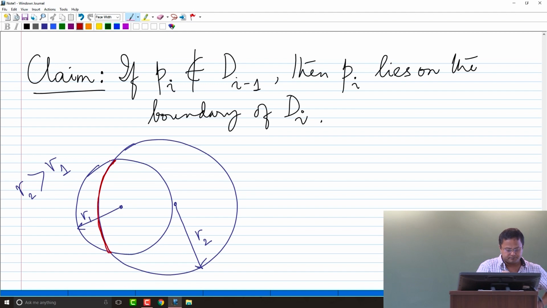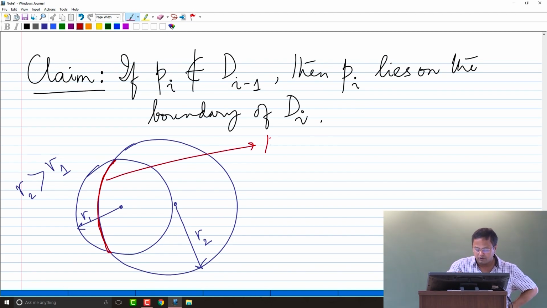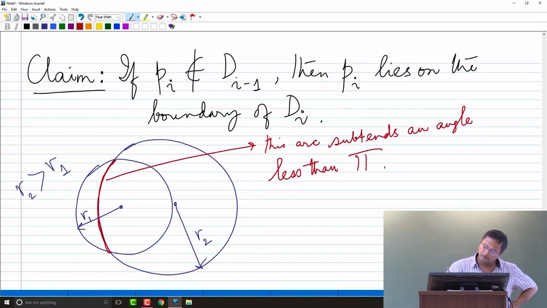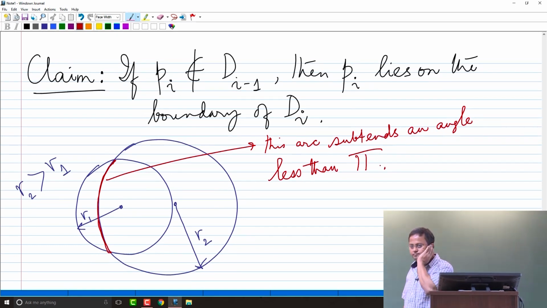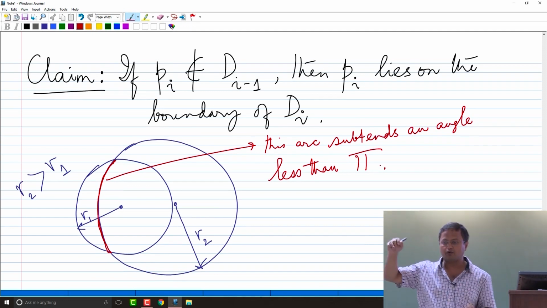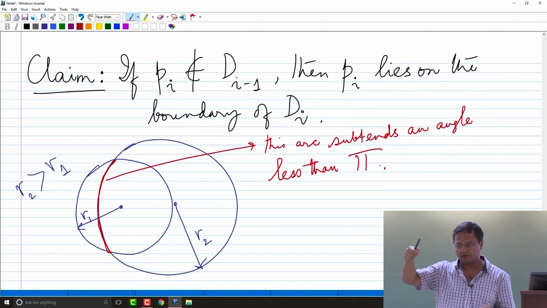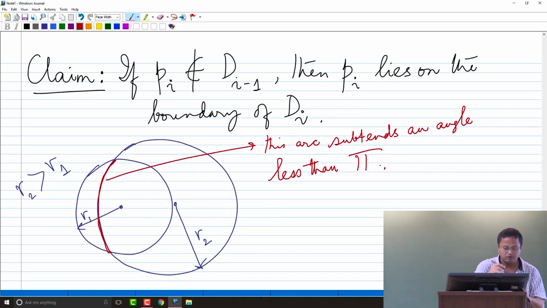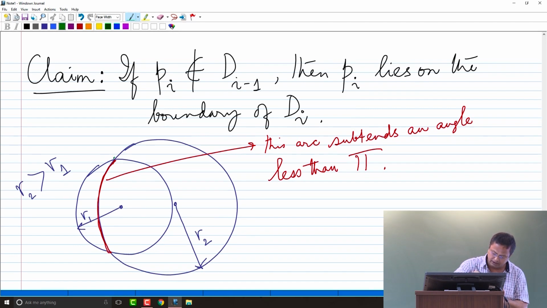My claim is, you agree? Because if it is more than pi, then you can have, in R1, because that is the intersection part, mind you, this was the intersection part only.